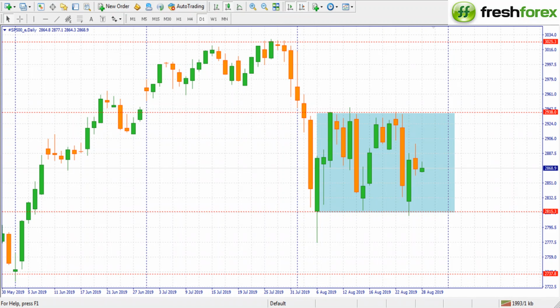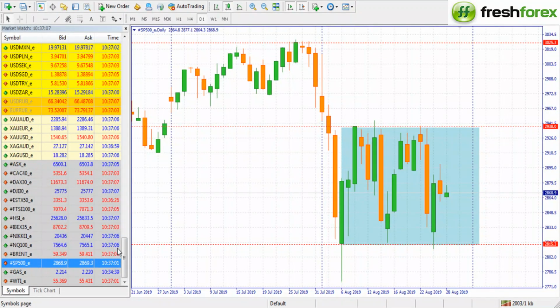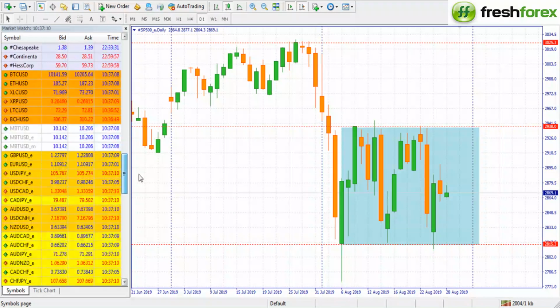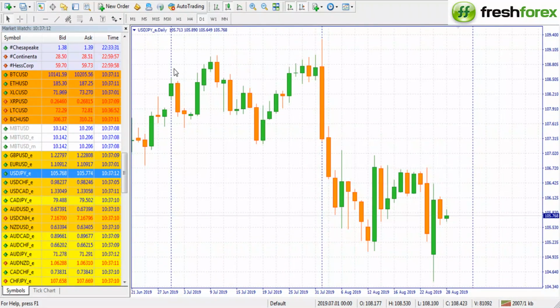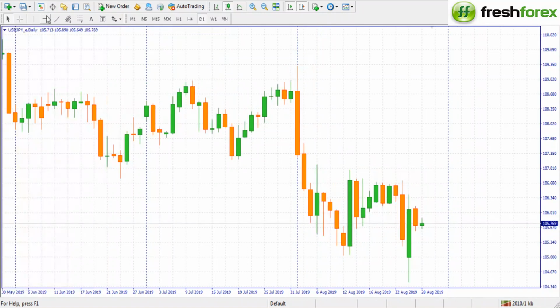So we'll move forward to our next symbol, and that should be USDJPY, the one which is positively correlated to SP500. We have this USDJPY there, and just look at it properly. You can see that there's actually some range. It's the same way we had a range on SP500.